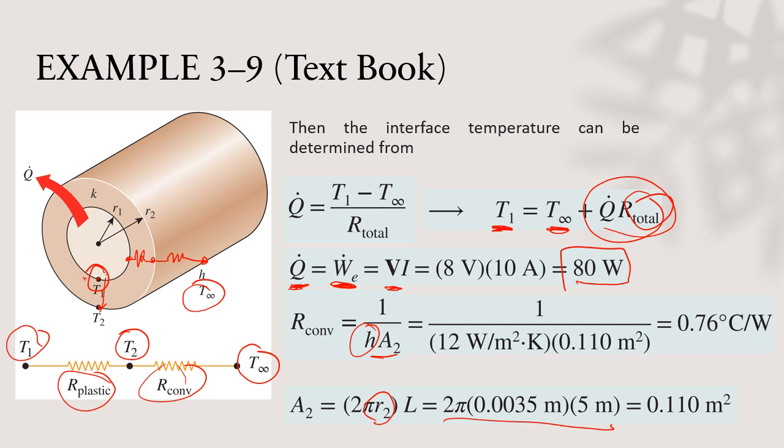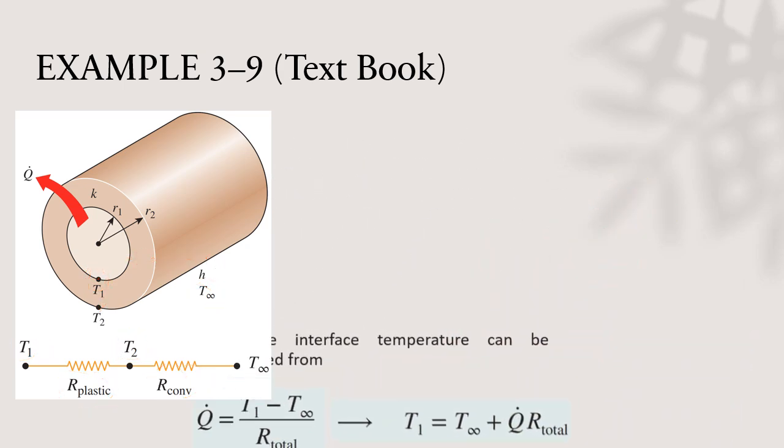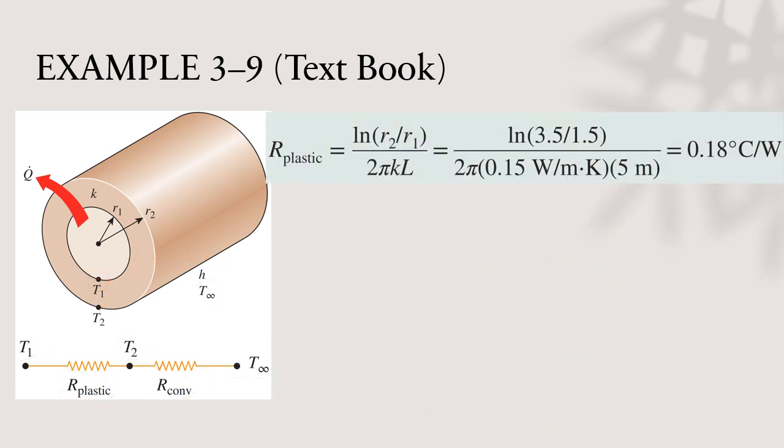And we also have to calculate R plastic. R plastic is conduction. R conduction for a cylinder can be calculated using this equation. We know R2, R1 and k. Plug in all those values from the question, and we will get R plastic equals 0.18 degrees C per watt.